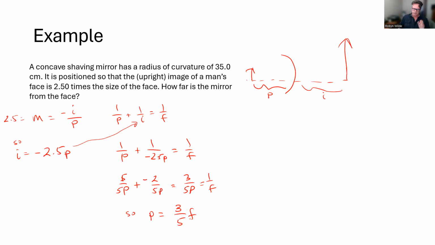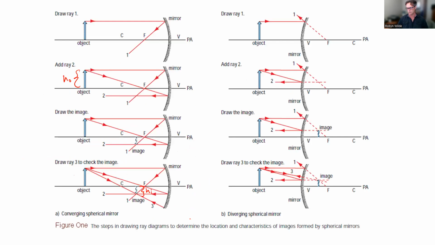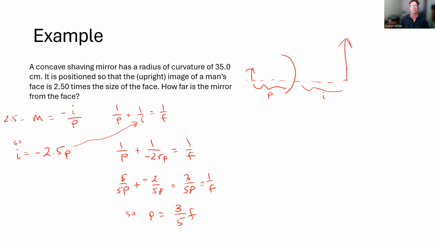Now, it makes sense going back to my images that I had, because if you look at my case here for my converging mirror, the object is outside the focal point and I get a real image there. But in this case, I'm going to be closer than the focal point, and we'll see that we get a virtual image.